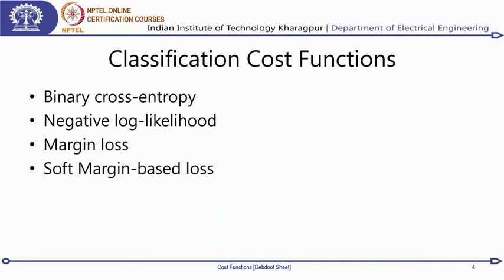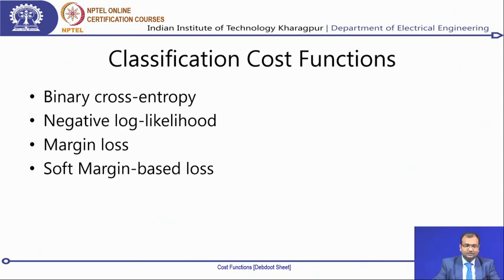For classification, the most common cost function used is binary cross entropy. Successively following it are the negative log likelihood, the margin loss and the soft margin based loss. We will get into the mathematical form for each of them, as well as the different attributes which come out when you use each of these cost functions, and that will guide what kind of application scenario you will use a particular cost function in.